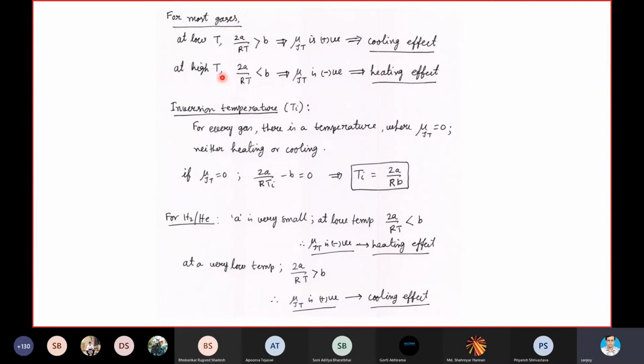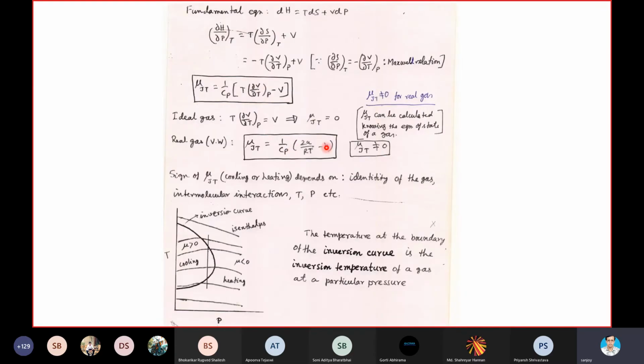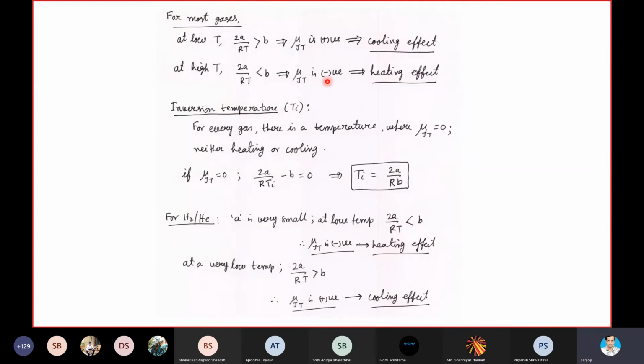Now if you increase the temperature to very high, say thousands of degrees or so, what happens? This term becomes very small because T is in the denominator. So now this term can become smaller than b, the volume correction term of the Van der Waals equation. Then overall μ will become negative, which means you will have a heating effect now. Clear?